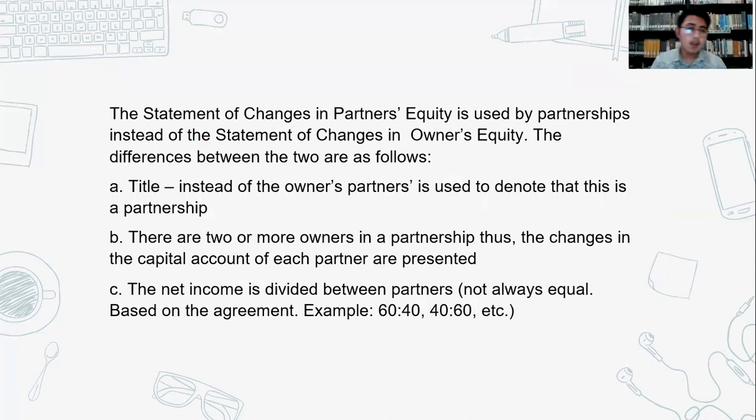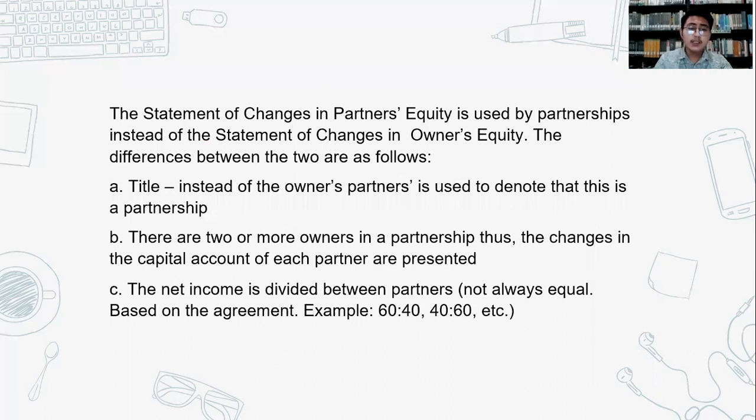So when we say the statement of changes in partnership equity, it is used by the partnership instead of statement of changes in owner's equity. So the difference between the two are the following. First, instead of owners, partners, it's used to denote that this is a partnership.